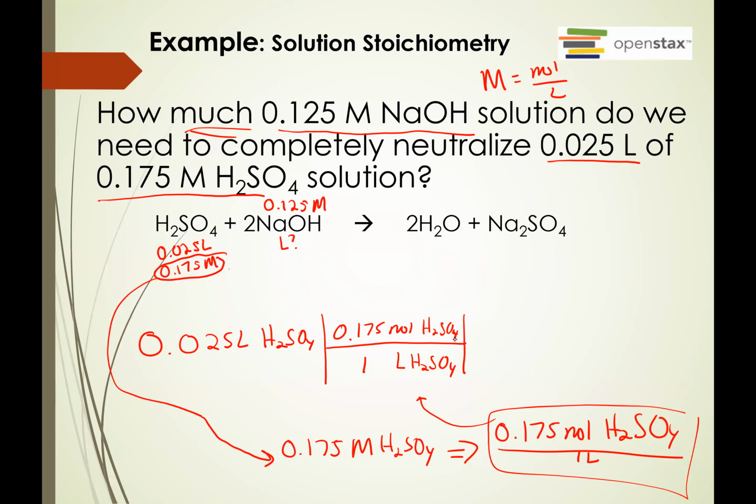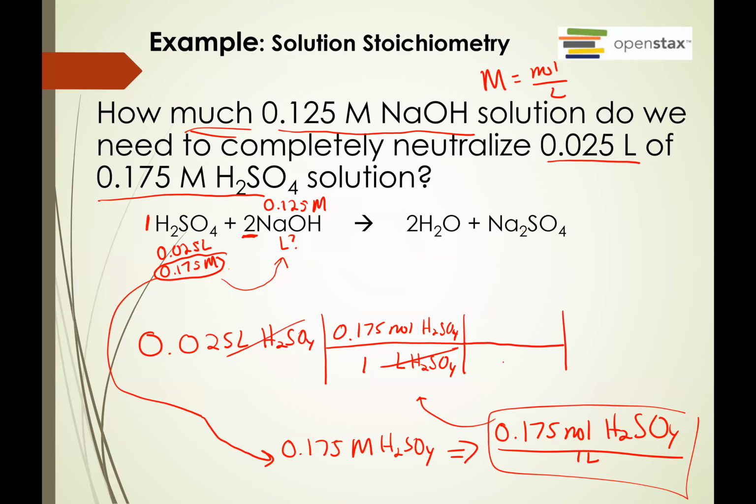So now we have H2SO4, but what are they asking us for? NaOH. We have something, but we want something else. What are we going to have to do? A mole ratio. Every time we have something and we want something else, we've got to do a mole ratio. So we're going to be doing a mole ratio between our H2SO4, there's 1 of those, to 2 NaOHs. Which one has to go on the bottom?